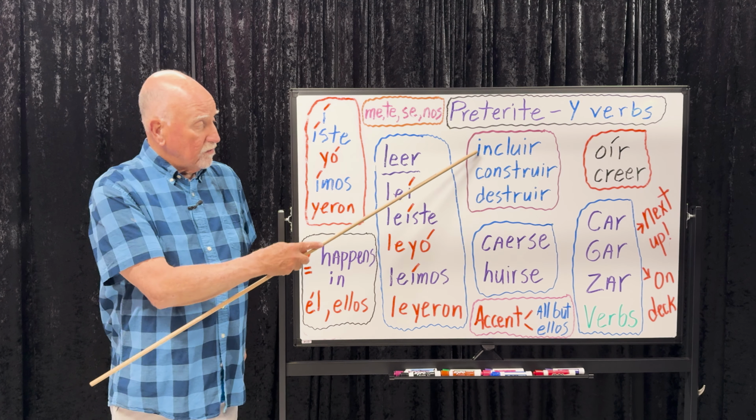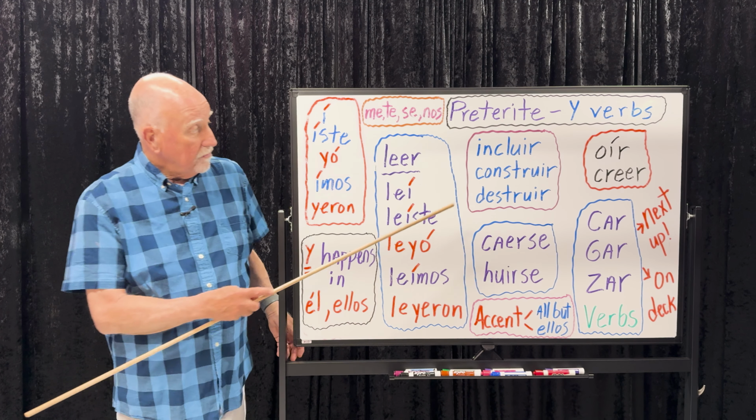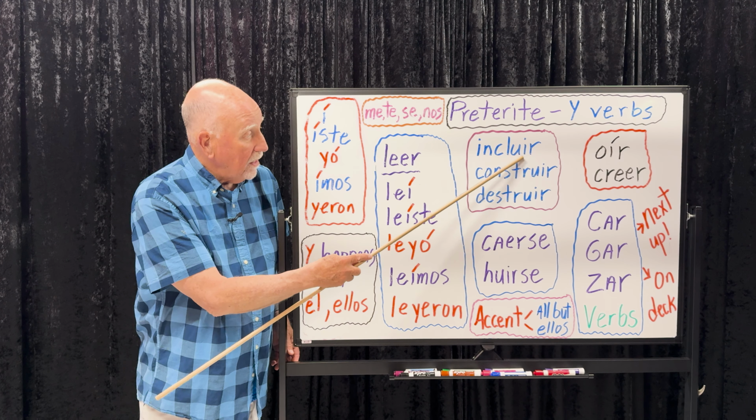Now let's look at these 3 verbs. Why are they clustered together? Well, they all end in UIR, so they're going to be similar. Every one of these 3 are going to be similar to all of the others. Incluir is to include. Is that a common verb? Well, in English, to include, we hear it. Certainly if you're in real estate or finance, include the expenses and so on and so forth.